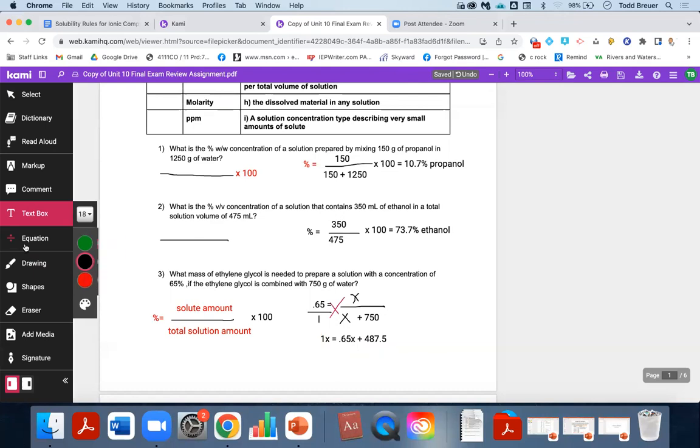So now we have to isolate X. So on each side, we're going to subtract 0.65X. So on the left side, we'll subtract 0.65X, and on the right side, we'll subtract 0.65X.